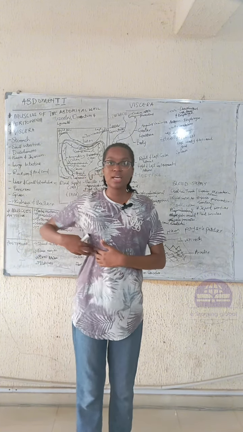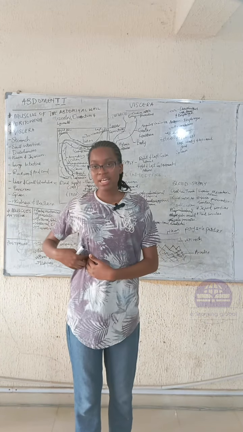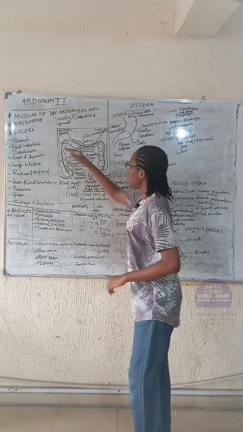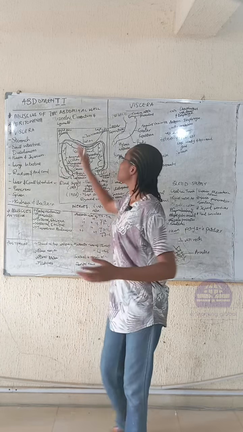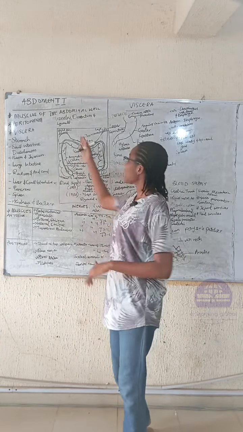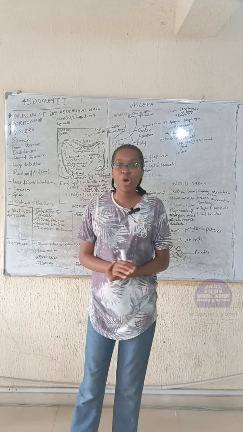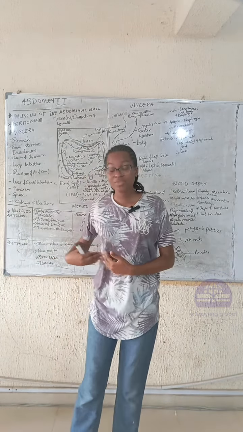So this is flank, this is hypochondriac, looking at the right of our body. By the time we get to this right hypochondriac region, it's supposed to cross over to become the transverse colon. And when it does this, it creates a flexure, a bending that is called the right colic flexure. This right colic flexure can also be called the hepatic flexure. Why? Because it is related to the liver. Always remember that the liver is at the right of your body.